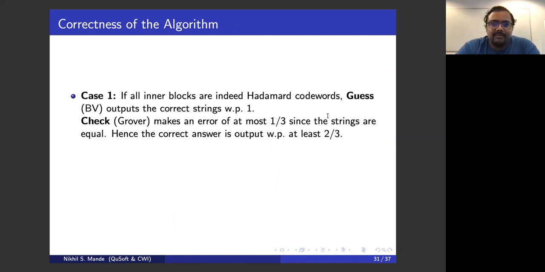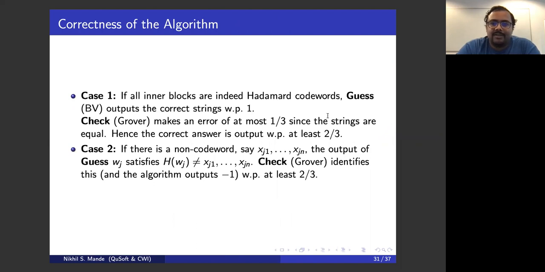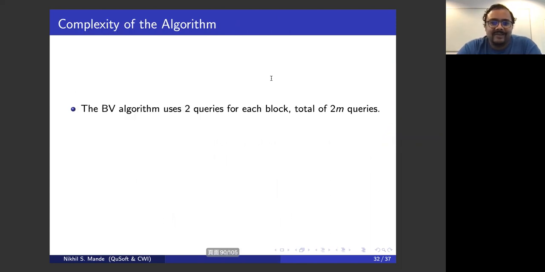So let me skip the correctness, but it's fairly short, as you can see, and I'm not hiding anything in the correctness here. And the query complexity of this algorithm is going to be 2 queries for each block. So 1 query for each m-bit string in the input. So the total number of queries used by the guess phase is 2m.